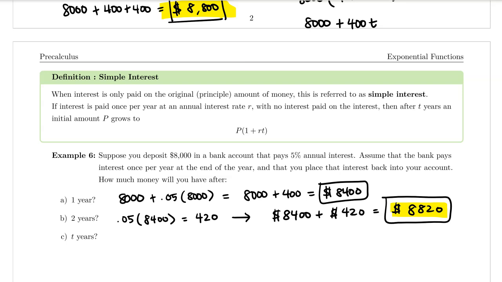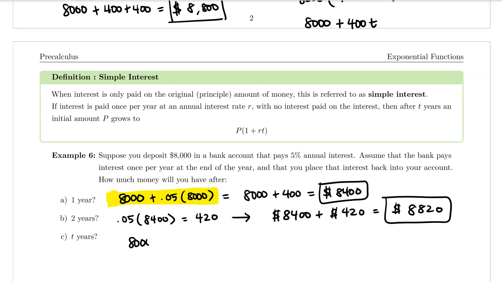What about after t years? How much money will we have? Let's try to figure that out. Let's come back up to this calculation that we did right here. What we did was we took our principal amount and added on the 5% of our principal amount. Another way that we could have calculated this is we have two terms, and both of our terms there have the number 8,000.